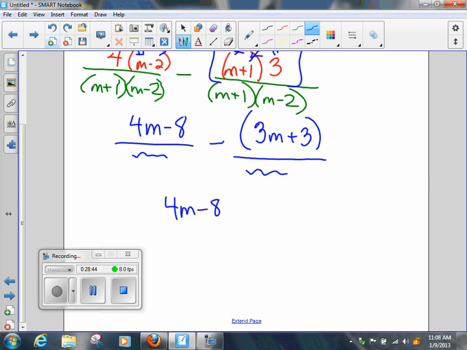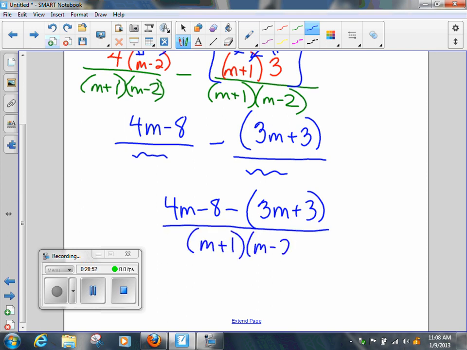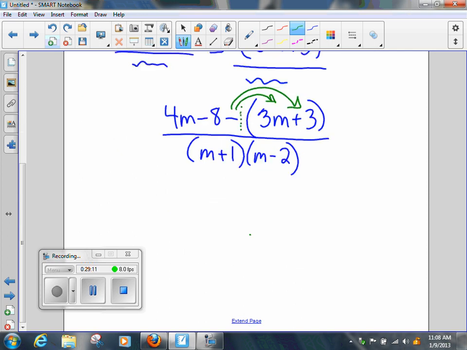But I'm now going to write it as one numerator over one denominator. What do I have to do now? I've got to distribute that negative 1, okay? And I like detail, so this doesn't bother me because I know that that invisible 1 is there, so I'm going to distribute it now.